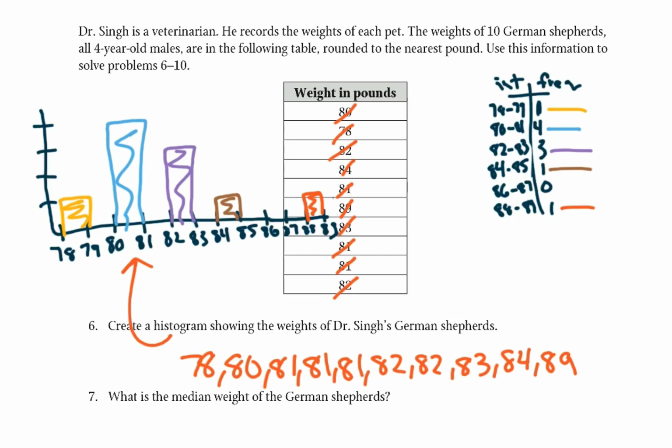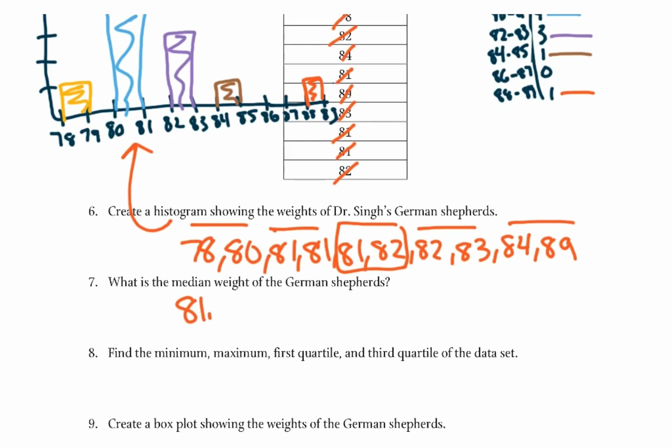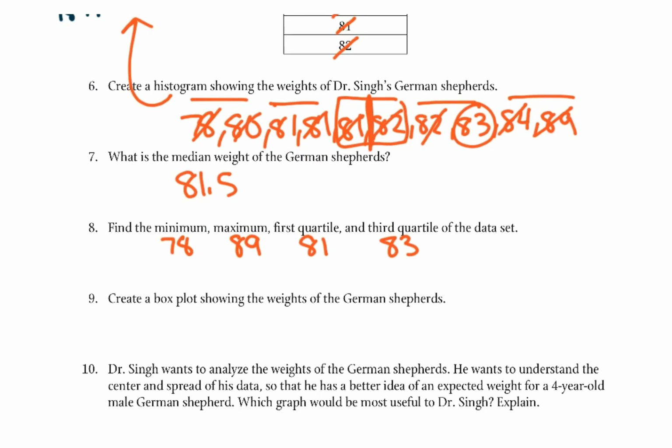Okay, so then we have 2 more. So between 80 and 82, our median would be 81.5. Then it says find the minimum, 78, maximum, 89, first quartile, 81, third quartile, 83. Going to use that to make a box plot.